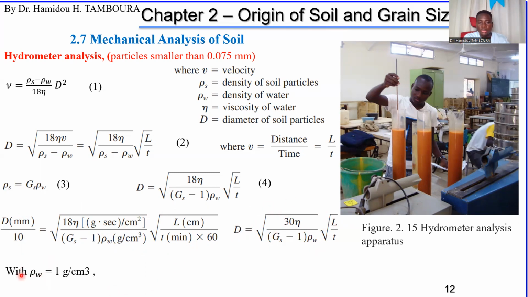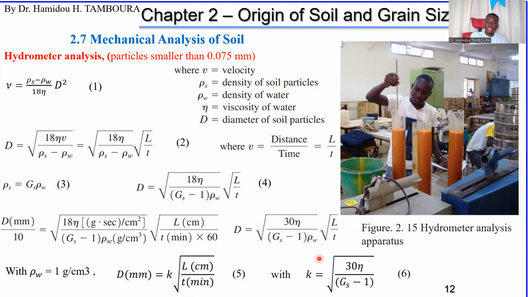And by considering that the density of water is about 1 gram per cubic centimeter, we can replace this density of water by 1. So we'll get something like this, with K equal to this.